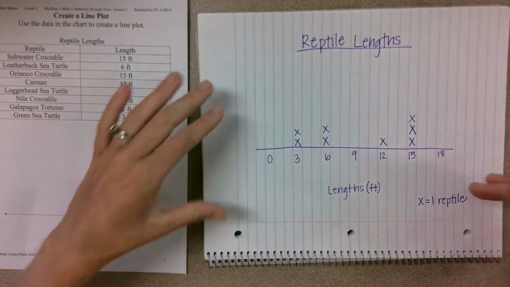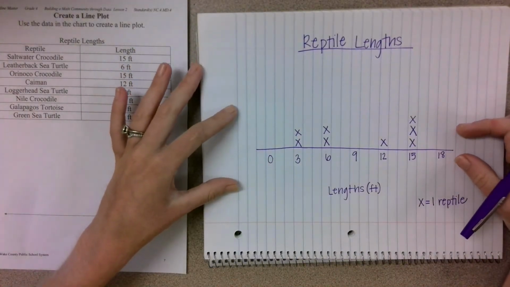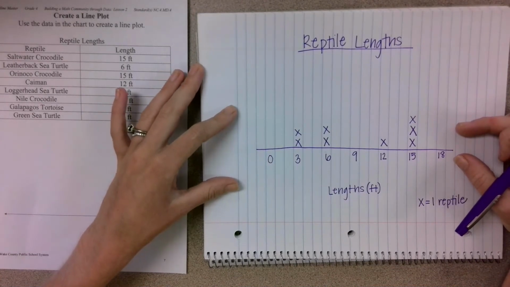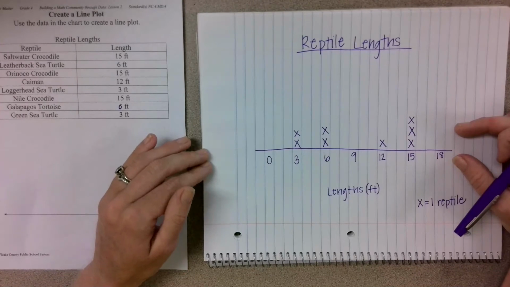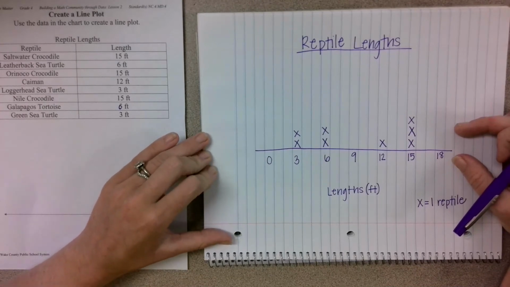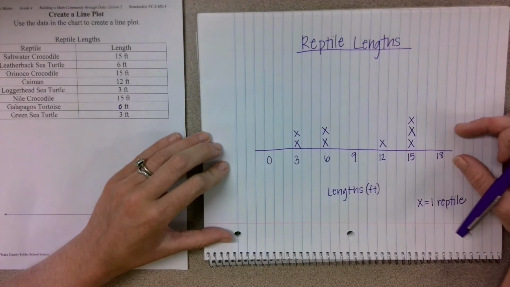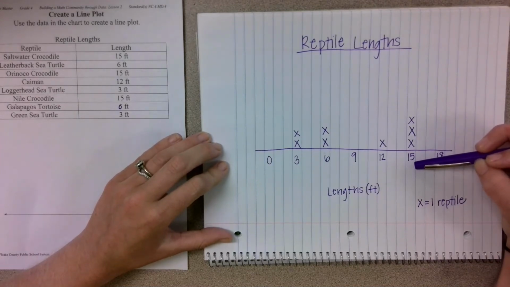That doesn't matter. That doesn't relate to this. So I couldn't say what was the favorite reptile, because we can't tell what the favorite reptile is. Then that would be a category. I can ask what is the longest reptile on this chart, and that would be 15. And because 15 is a number, that would make it numerical.